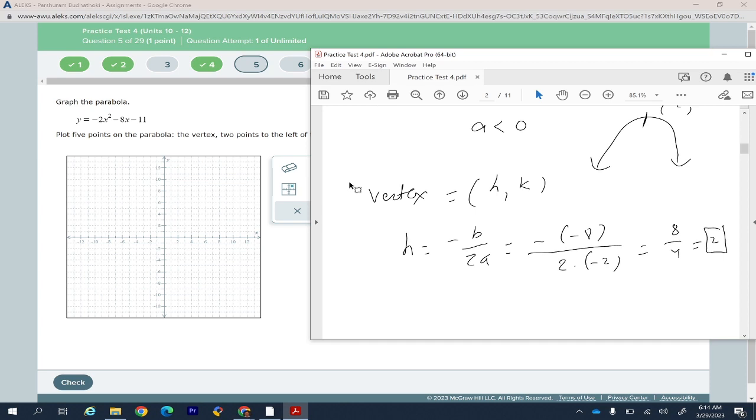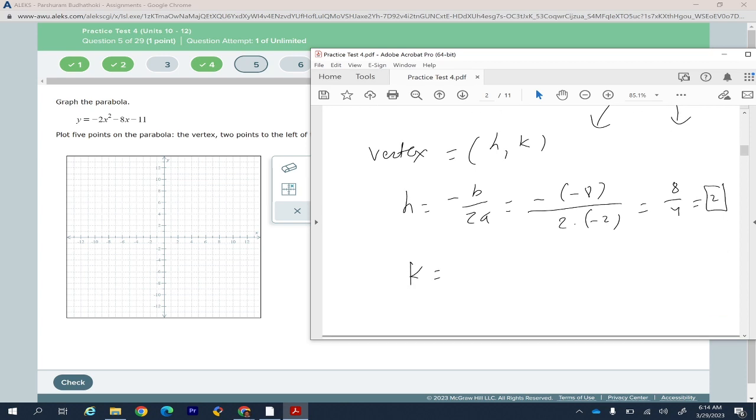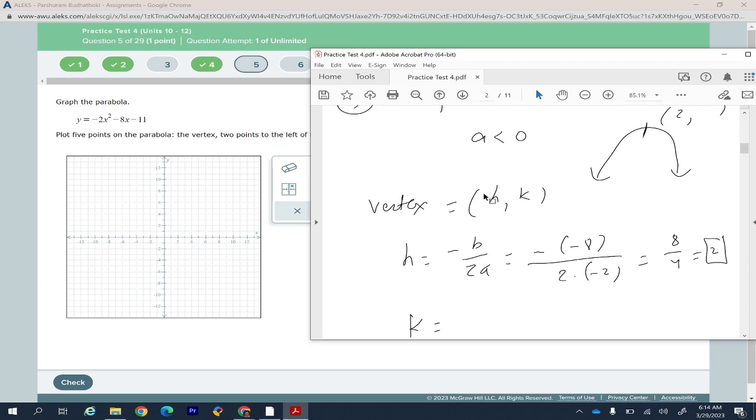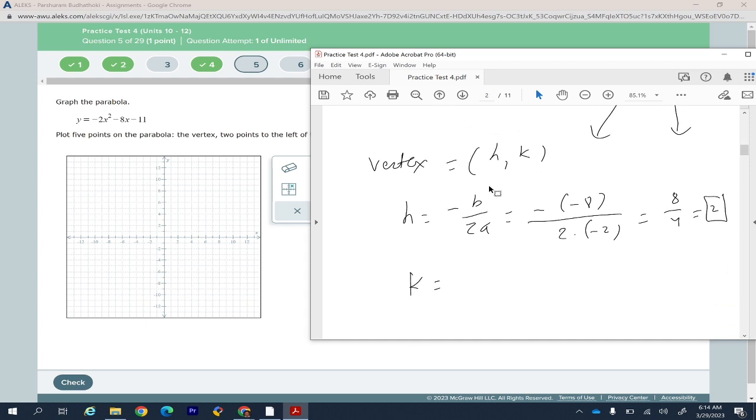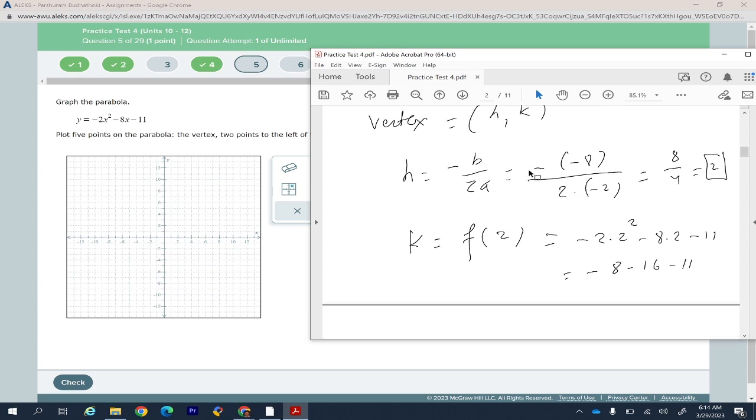For finding the y coordinate, which is k, it's actually the value of the function at h. In this case, it's 2. So go here and replace x by 2. So -2 times 2 squared, -8 times 2, -11, and if you simplify this, it's 8 minus 16 minus 11, and eventually it's... okay, I made a little mistake here.